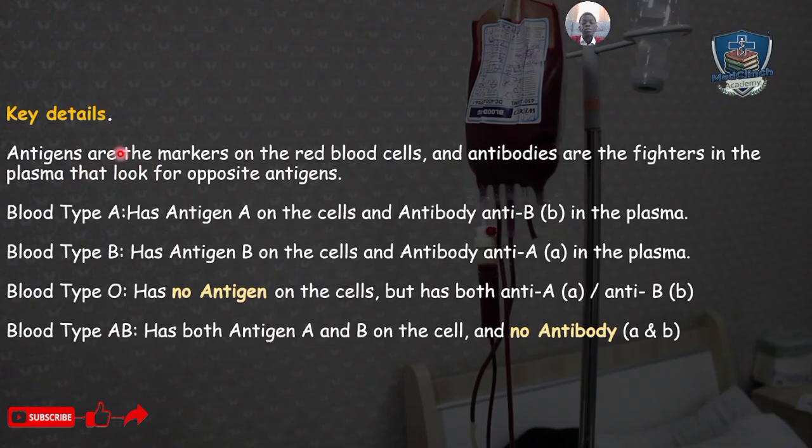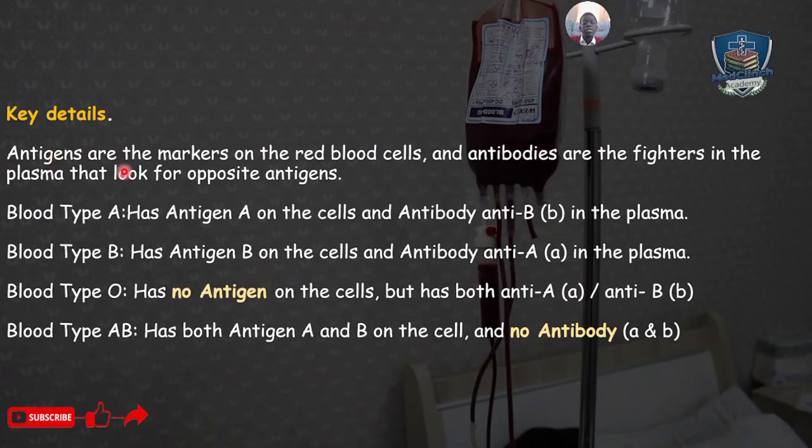Number one, the first detail, as you can see on our screen, is the antigens. For a reaction to occur, we should have an antigen and an antibody. When transfusing red blood cells, there's always an antigen involved and also an antibody.